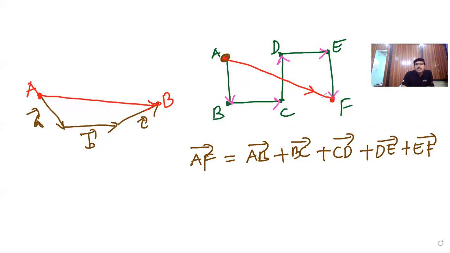Initial point tail to the final point head. This is the sum of the vectors. Okay, that AF is nothing but the displacement. This AF itself is the displacement.